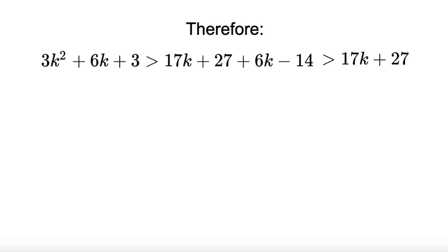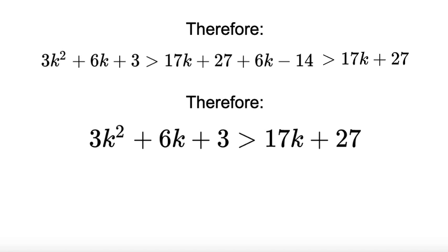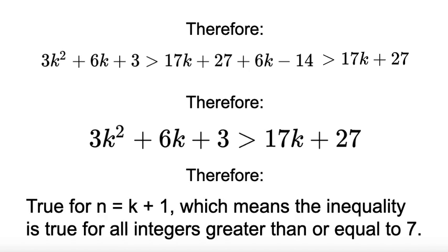And then we have 17k plus 27 plus 6k minus 14 is greater than 17k plus 27, and we got that from the previous steps when we showed that 6k minus 14 is greater than 0. Therefore, we can say that 3k squared plus 6k plus 3 is greater than 17k plus 27. Therefore, it is true for n equals k plus 1, which means the inequality is true for all integers greater than or equal to 7. And we have solved the proof by induction by showing that it's true for n equals k plus 1.